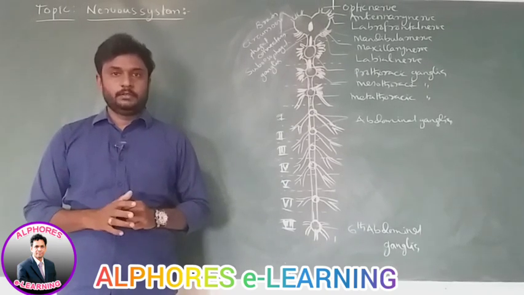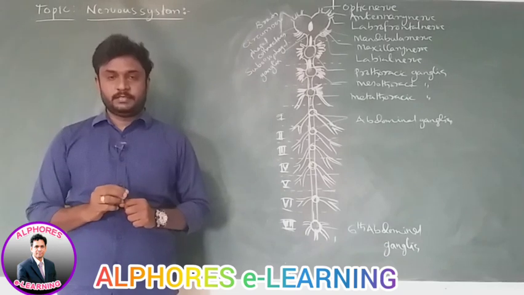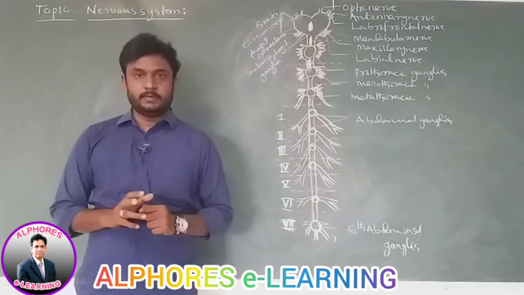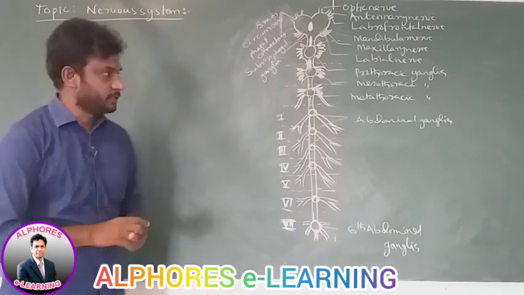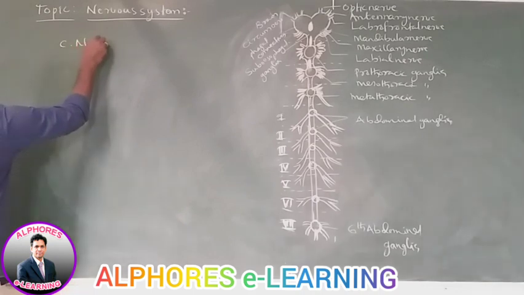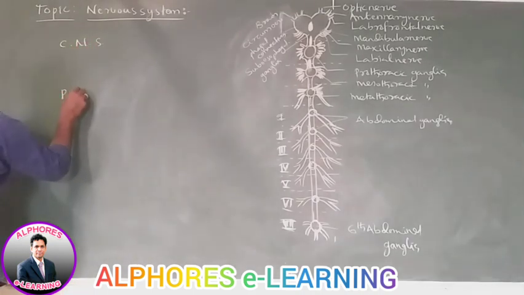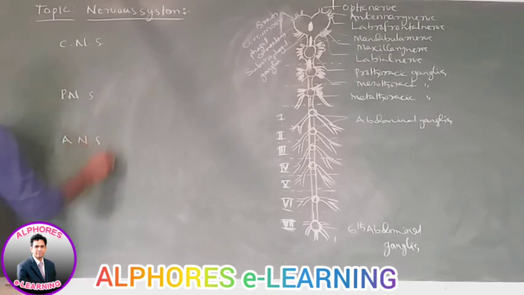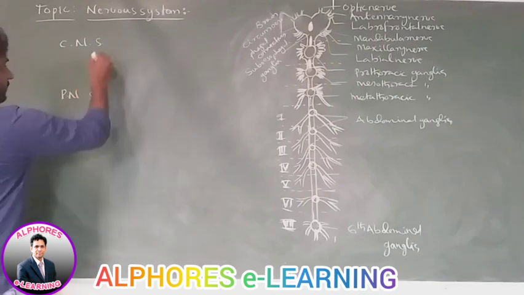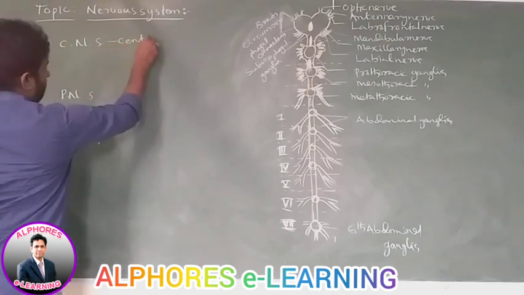As you know, the nervous system of cockroach is differentiated into three parts, which are called CNS, PNS and ANS. CNS, central nervous system.